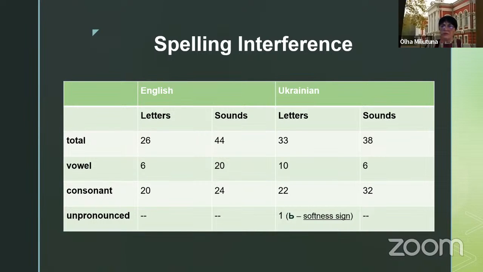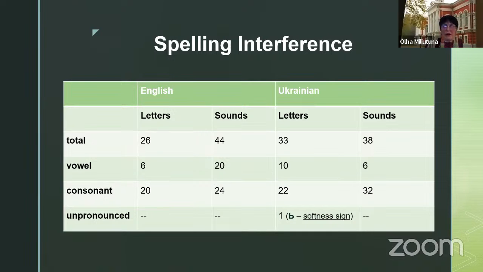The number of consonant sounds in Ukrainian is more than the number of consonant letters because of parallel pairs of hard and soft sounds, which are denoted by the same letter. One letter in Ukrainian can define 2 sounds, soft and hard. For example, b, b, d, d, but they are defined by the same letter.